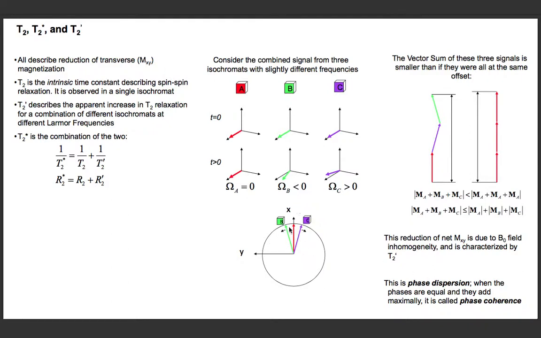As the phases of these 3 isochromats spread out, they're no longer uniform, their net combination becomes less. Here, as you can see here. When they come back together, if they're ever back together like this, you would call this phase coherence because they all have the same phase, and this is signal loss due to phase incoherence. So this process here is the T2 prime process that leads to an effective T2 star decay.